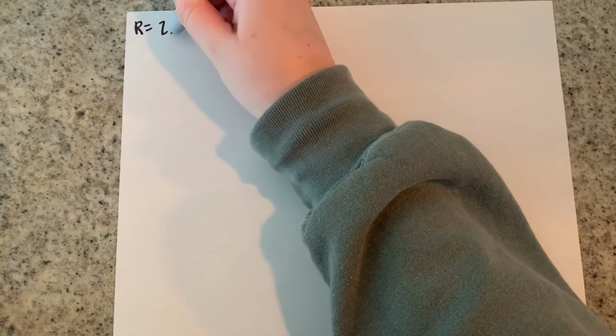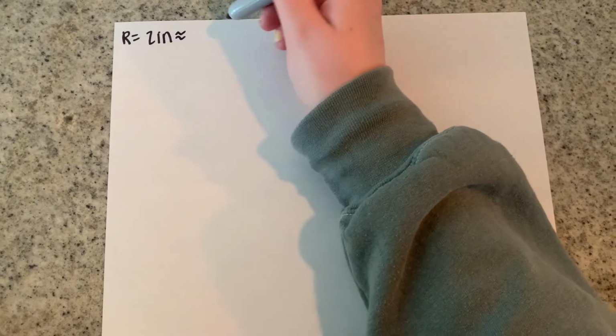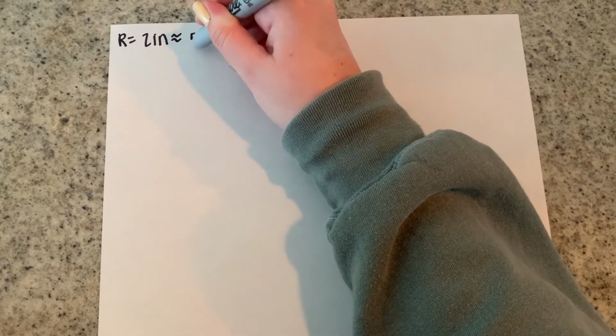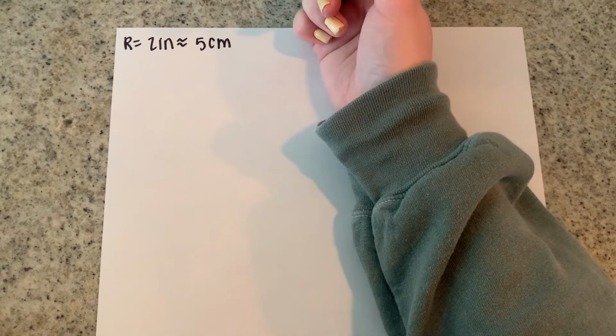Then I'm going to convert that into centimeters to make sure we have the correct units. It's actually 5.08 centimeters, but we're just going to go with 5 centimeters because that will make much easier calculations.